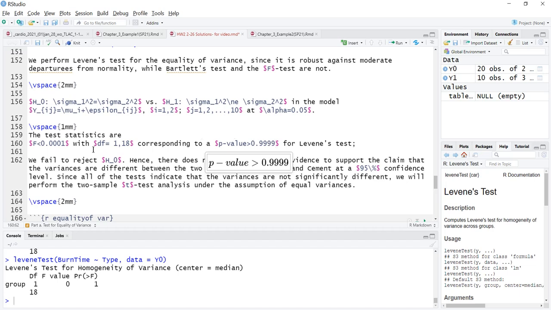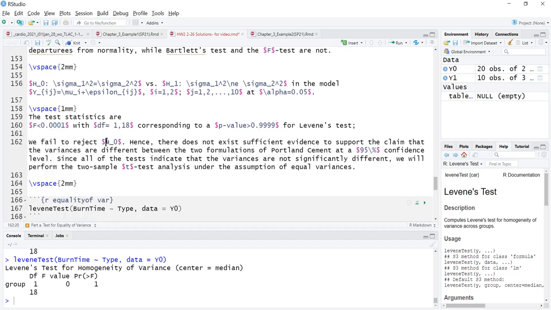So please don't use 0 for F or 1 for a probability. So we can say it's greater than 0.9999, F less than 0.0001. Okay, so we failed to reject H naught.